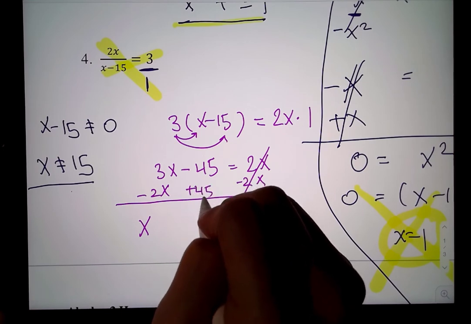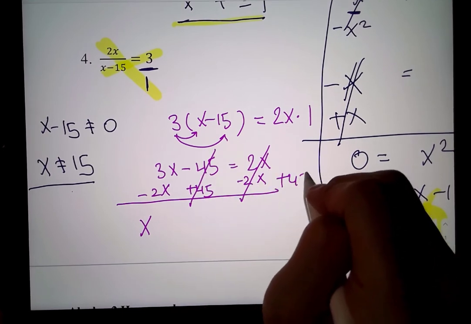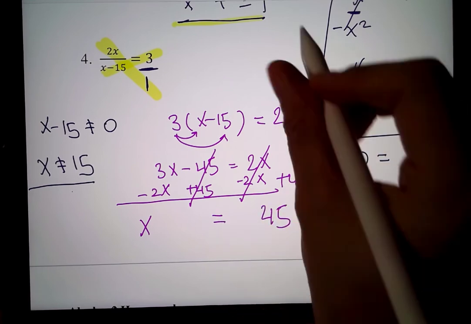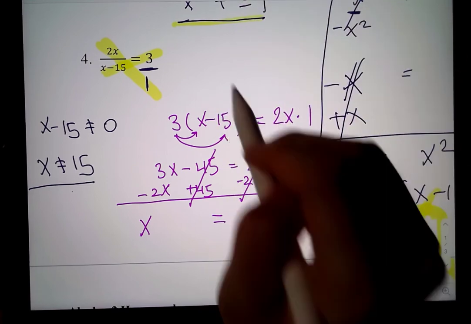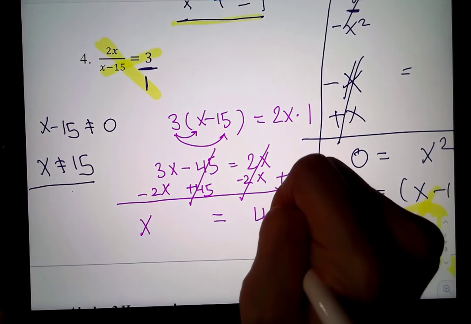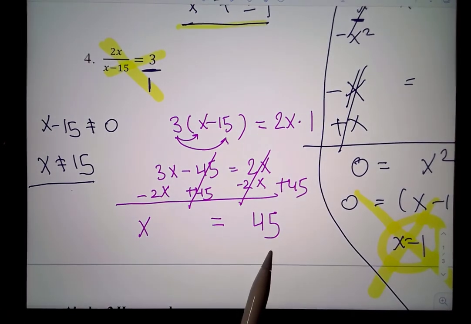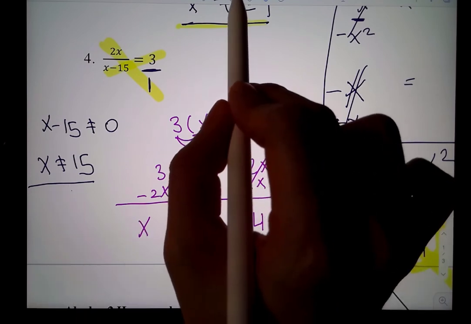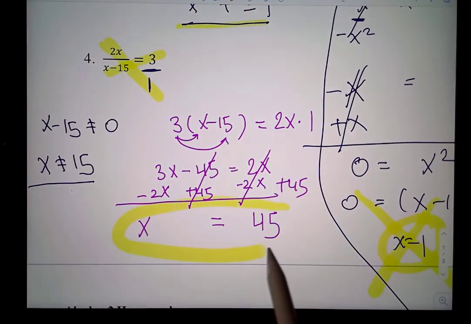Plus 45, cancel, plus 45. Then you have equals 45, right? So x equals 45. Is that my extraneous? 15? No. So this is fine. That could be your solution. So your solution is x equals 45.